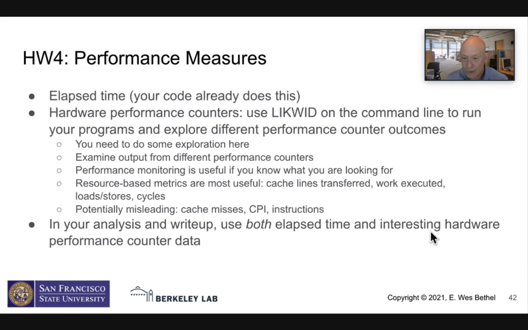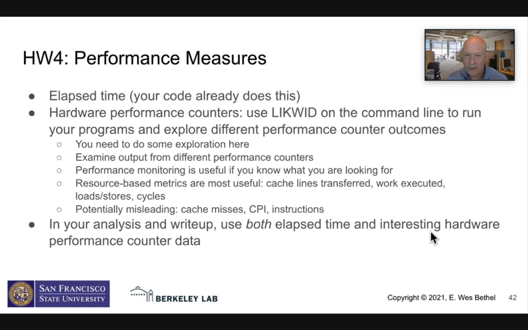So for the hardware performance counters, you're going to need to do some exploration. You're going to have to run a bunch of different configurations with Liquid Perf Counter and start hunting. Right, this is part of the process.